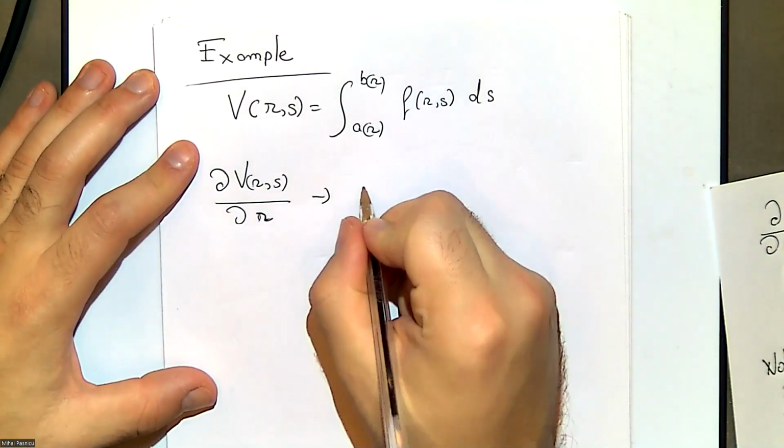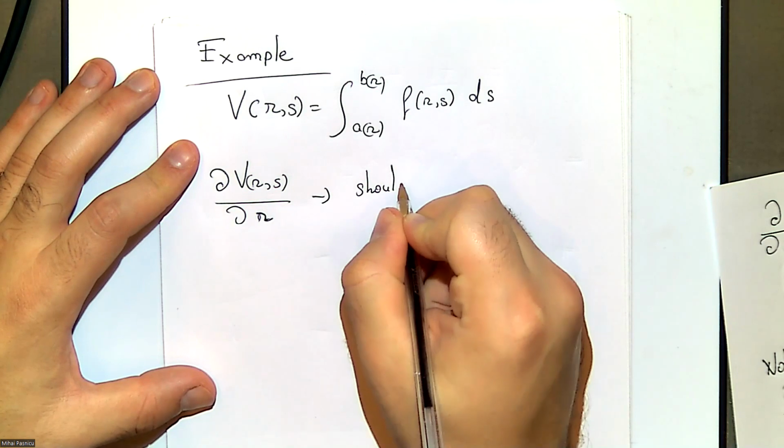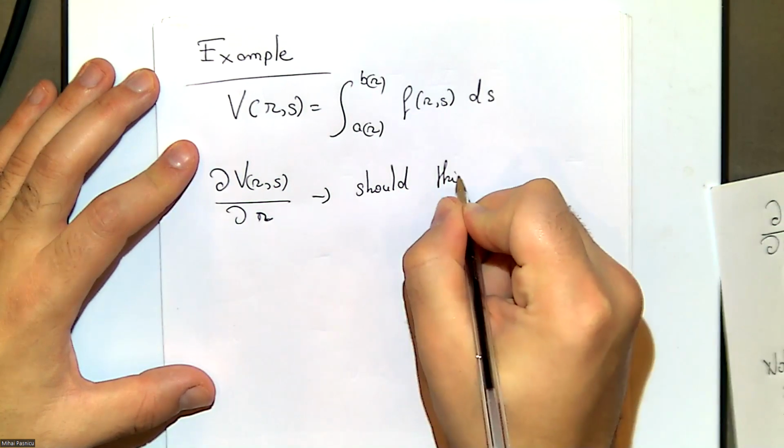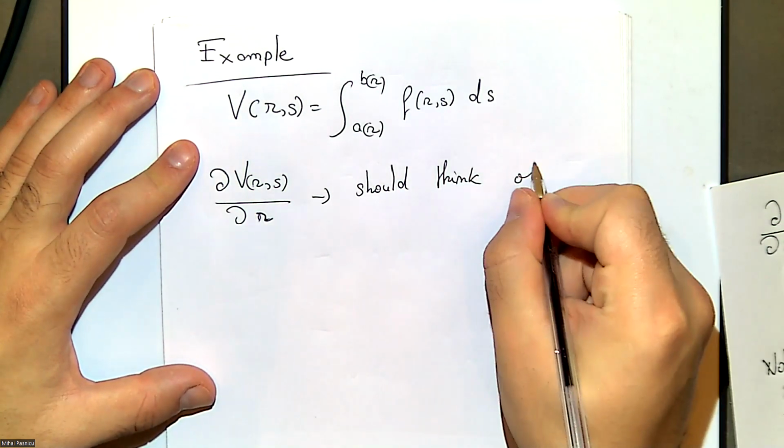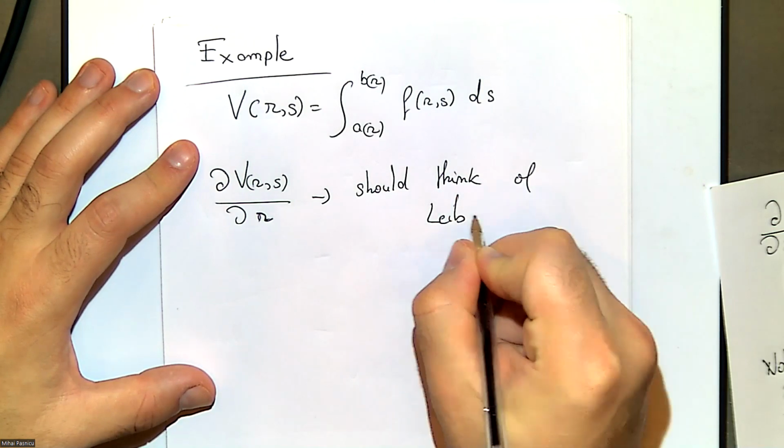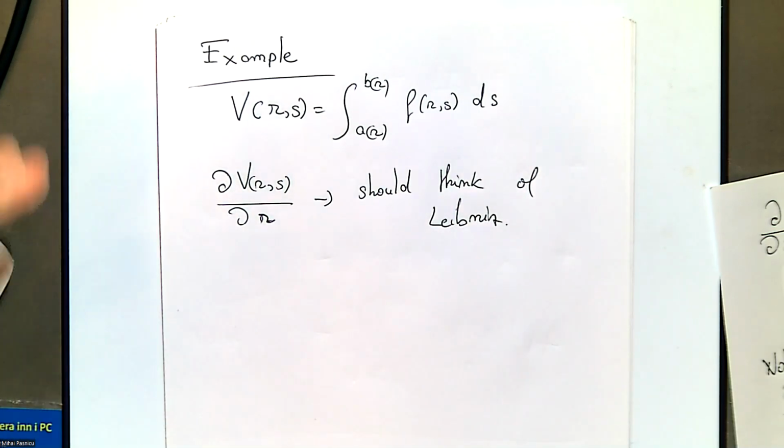In this case, you should think of Leibniz. Well, this is a classic example of where you should apply Leibniz. And in my case, I'm not going to try to overcomplicate things.